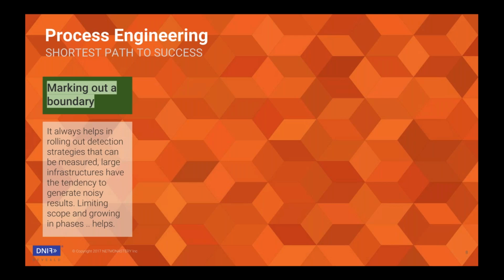You could choose not to take the recommendation, but largely this is how it's understood. Most important for us, whenever we go into deployment, is to mark out a boundary. This might sound very obvious, but let's say for instance, when we did our SIEM deployment or deployed a UEBA system, we looked at doing it phase wise.